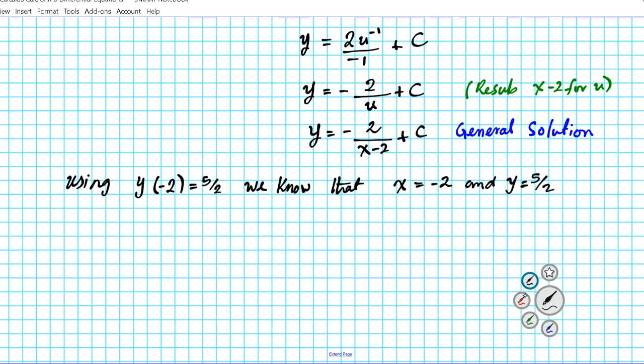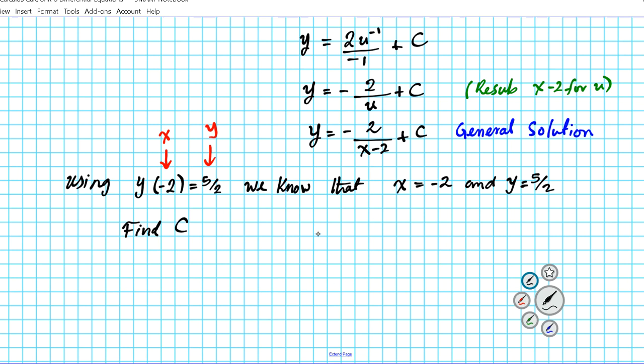Okay, so x is basically what you substitute into the function, and then y is what you get out. All right, so how does this help us? Well, we're going to plug in these two values into this equation right here to solve for C. So now we want to find C using the initial condition.